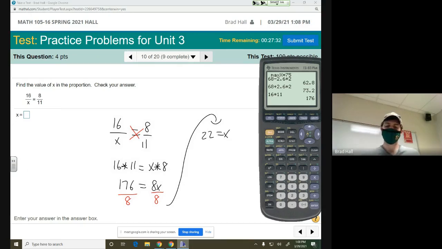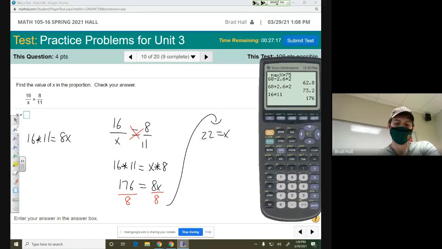Okay, so a cool way to figure that out, the reason I was able to figure that out, this is kind of not really having to do with the exam. 16 times 11 is equal to 8 times x. If we break up 16, it's 8 times 2. Then pretty much all we're doing is canceling out the 8s.